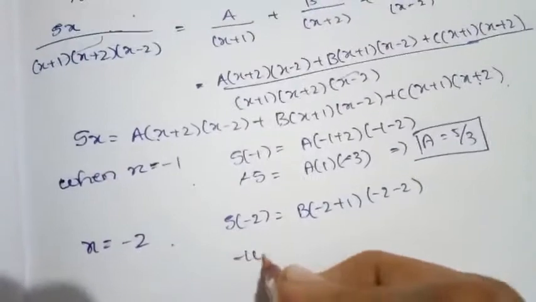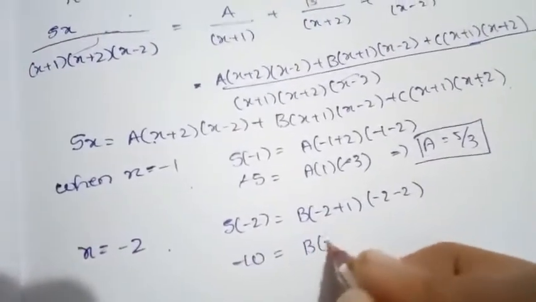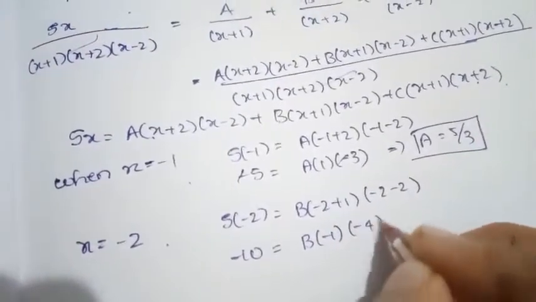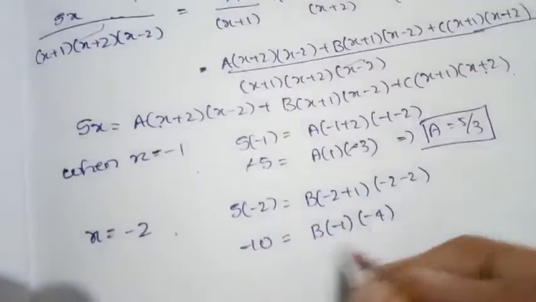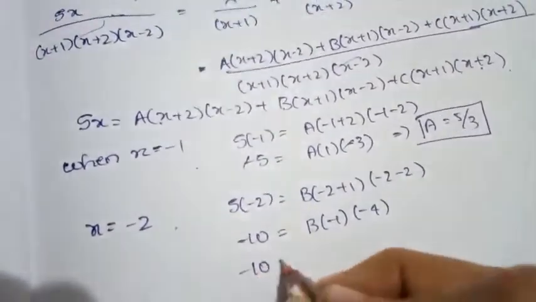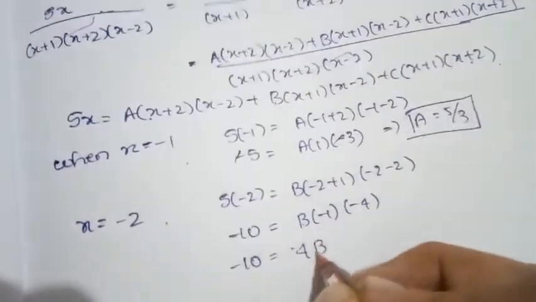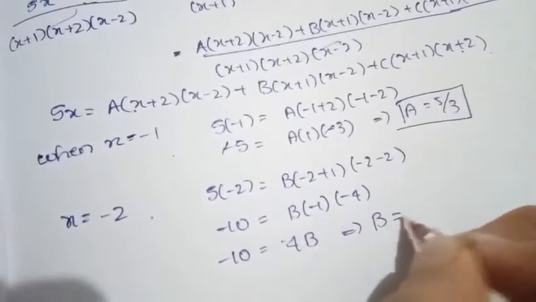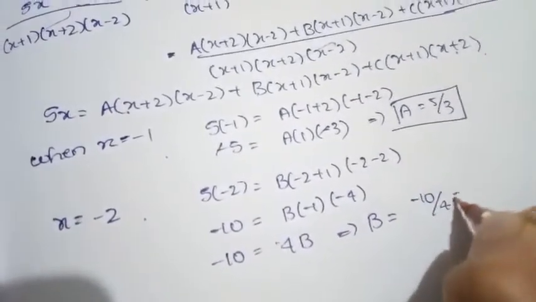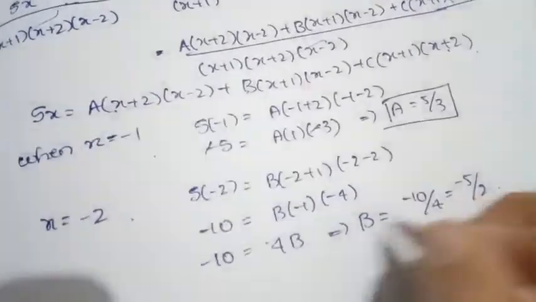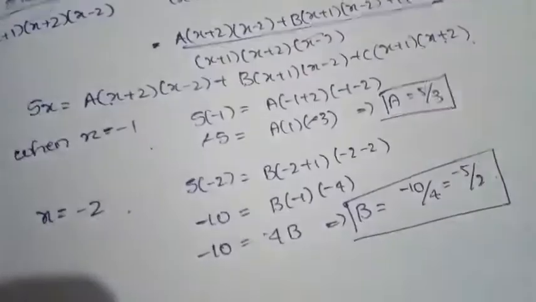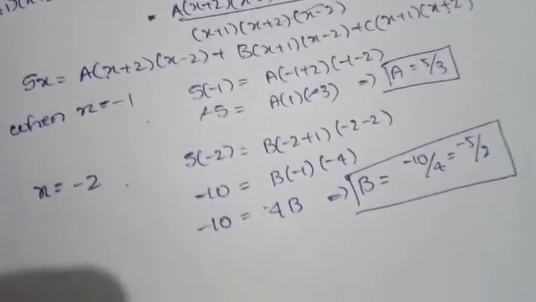So minus 10 is equal to B into minus 1 into minus 4, that is minus 10 is equal to 4B. This implies B is equal to minus 10 by 4, which is minus 5 by 2. So we got the value of B as minus 5 by 2.